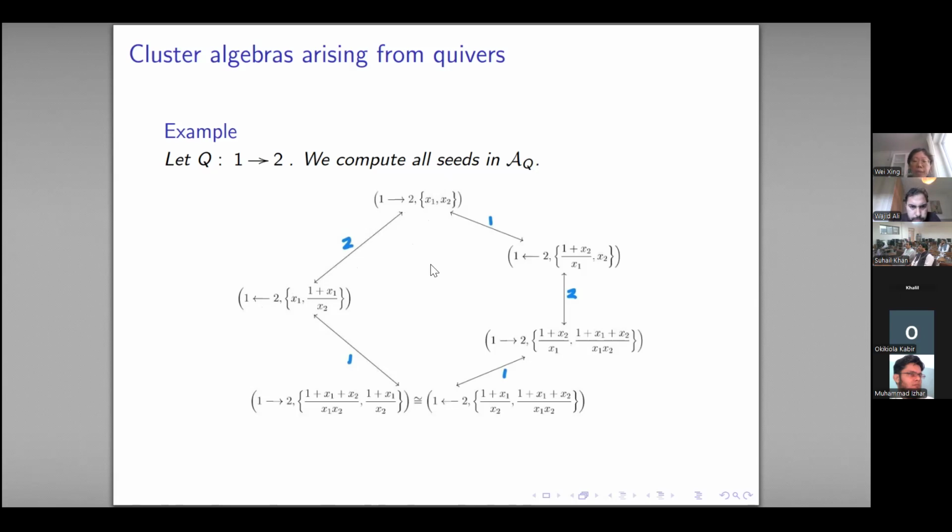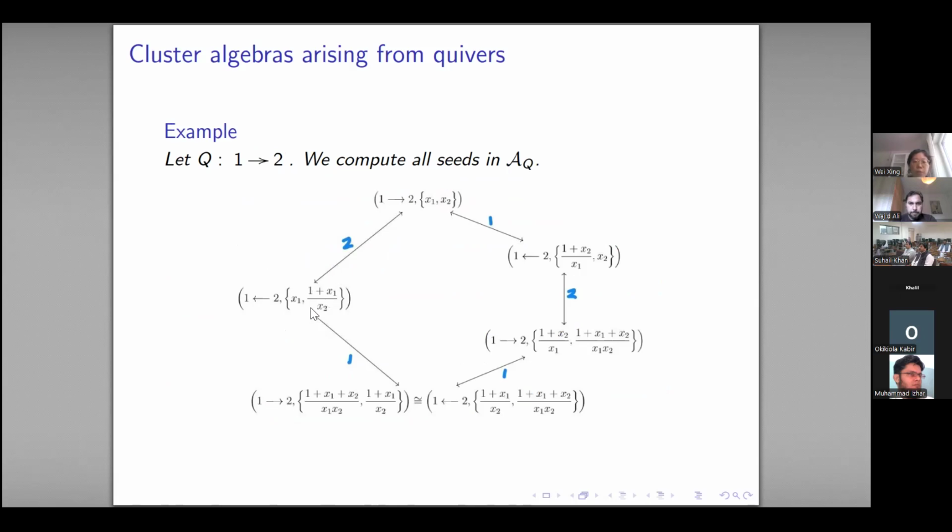And we need to modify x2 as well, according to the rule introduced here. So we can see that in this quiver, there's one incoming arrow that comes from 1, so it takes the product x1. And there's no outgoing arrow, so the other product would be just 1. And so we have 1 plus x1, divided by x2. This is our new variable. So this is mutation at 2.